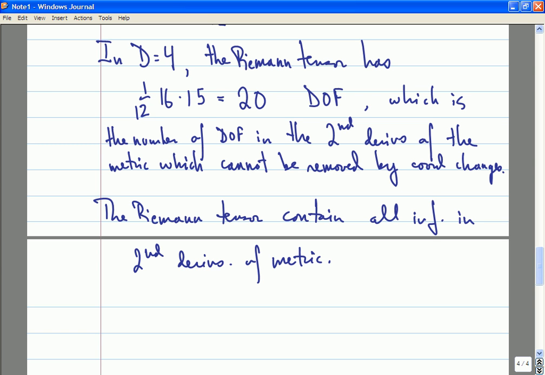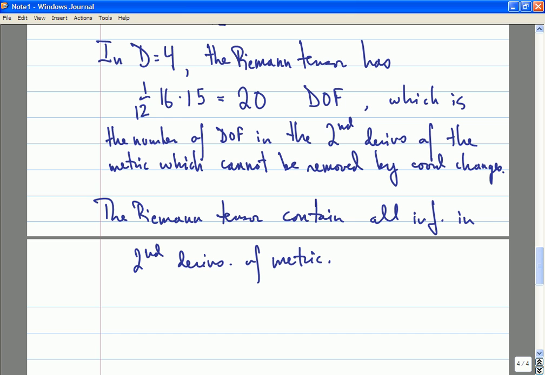How is it that the Riemann tensor and the equations of motion have the same degrees of freedom? That's something fundamental. Right.